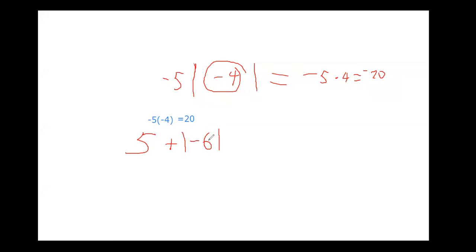So 5 plus negative 6 becomes 5 plus 6. 5 plus 6 becomes 11. That was pretty easy. All right.